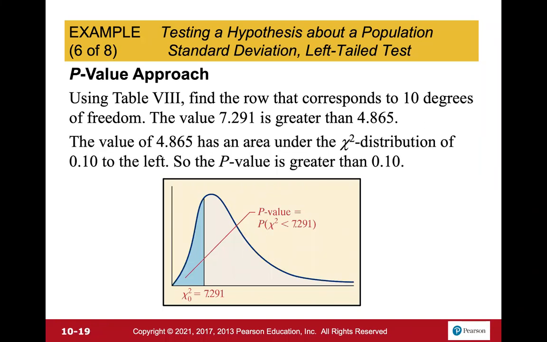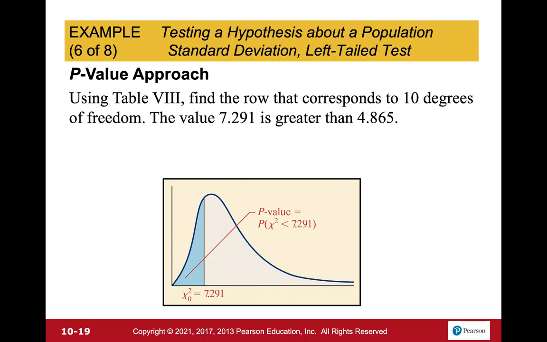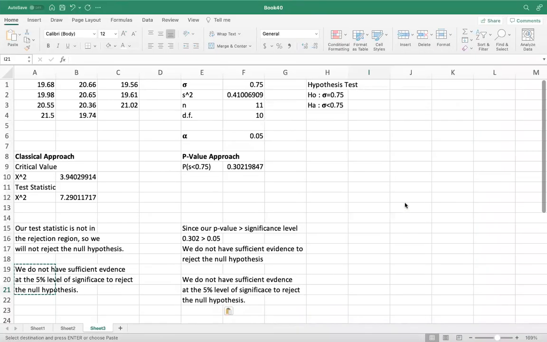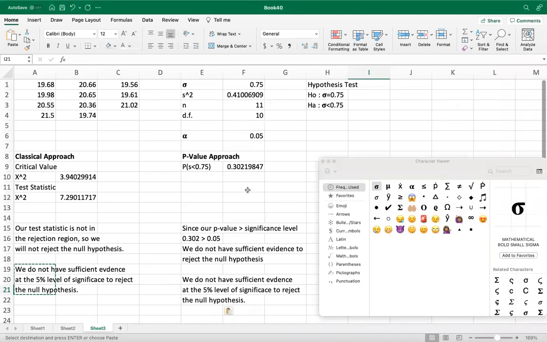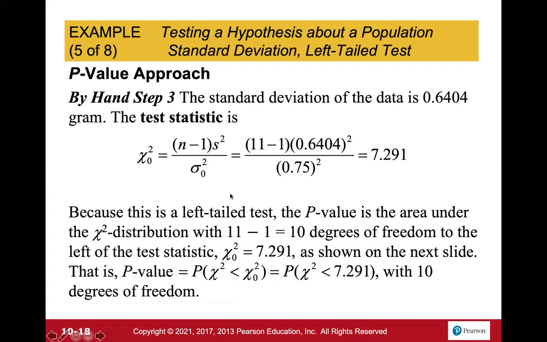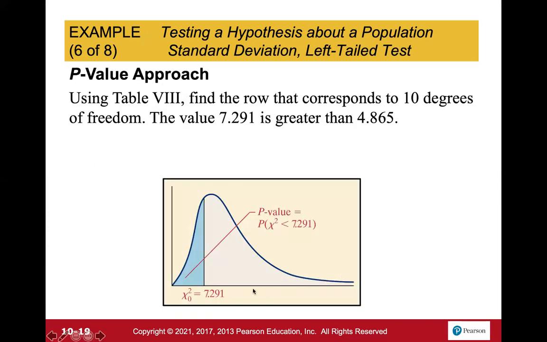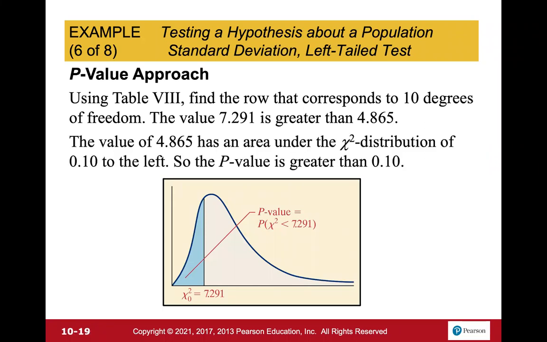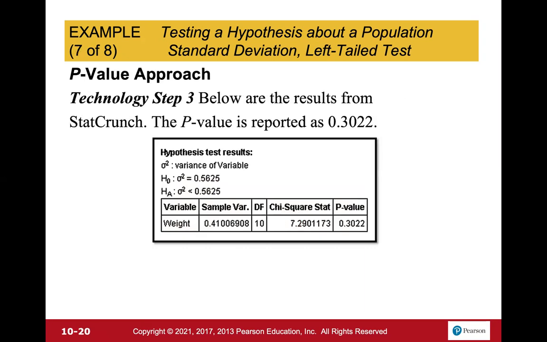So it's greater than 4.865. There we go. Sample standard deviation. What value did we get? So 30%. So there was a 30% chance that we would be less than that value, less than the standard deviation, which is what they got right here.